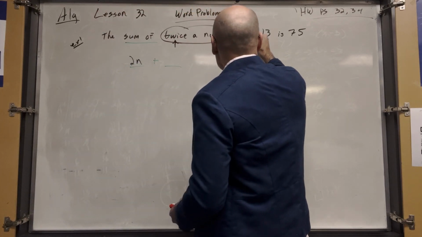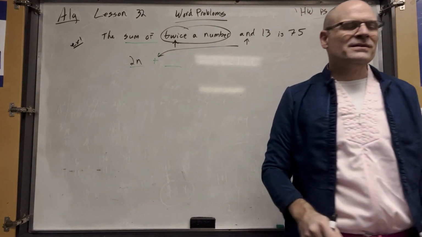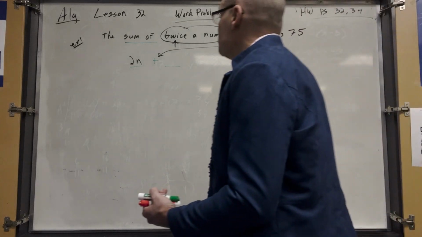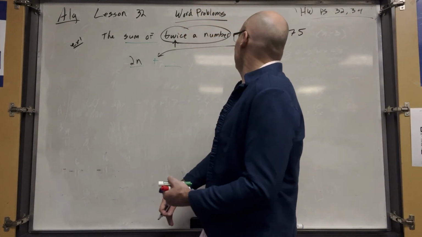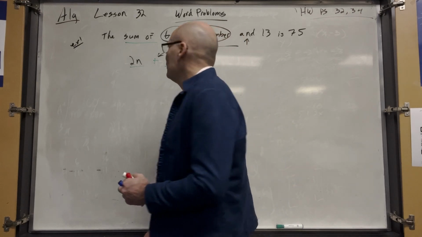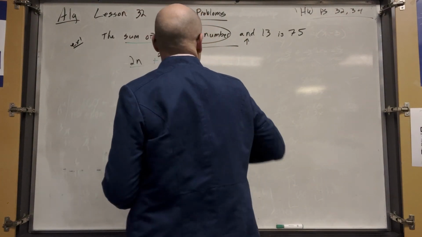And then this and is the connector of the two things you're adding. So if this was product, if it was the product of twice a number and 13, it would be 2n times 13, right? So that word and doesn't necessarily mean addition, but it does in this case because you're talking about a sum.